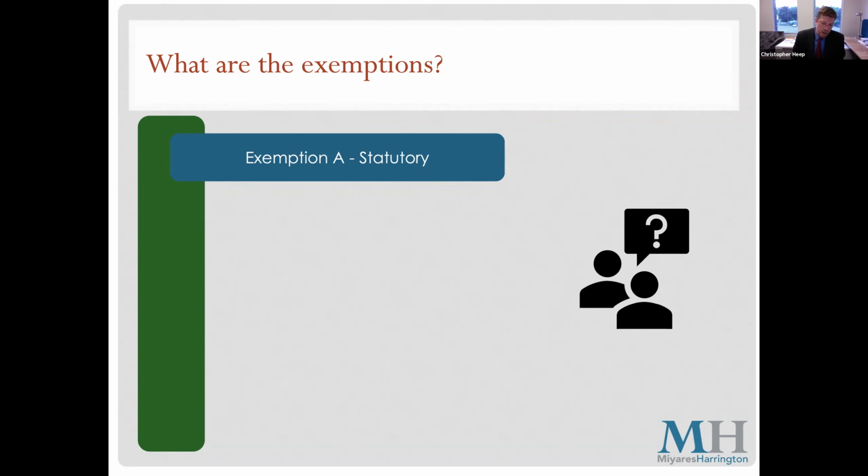Some examples of these are Chapter 71, Section 34D, which protects student records, CORI information, and statutes providing for confidentiality of domestic violence records. So those are some examples of statutory exceptions that we need to consider if they're covered by a particular public records request.